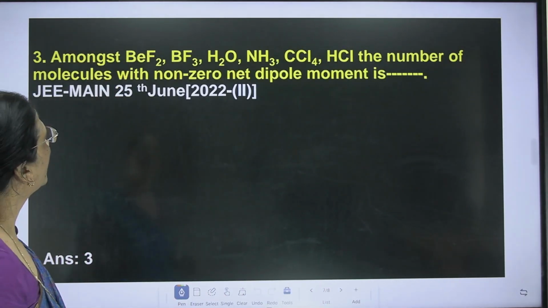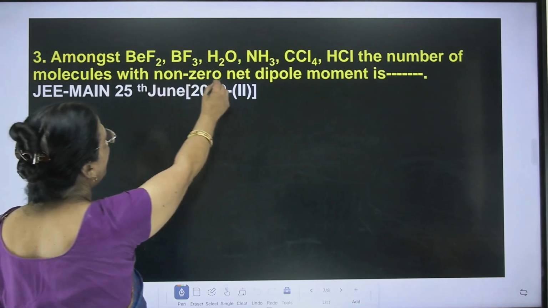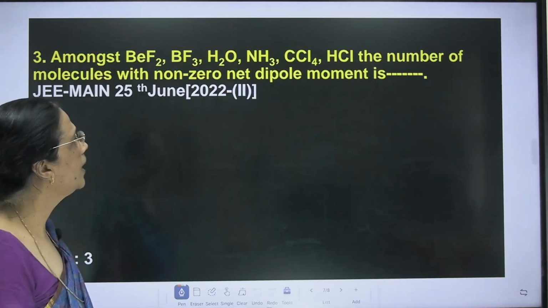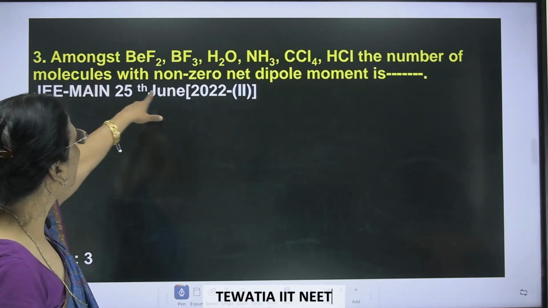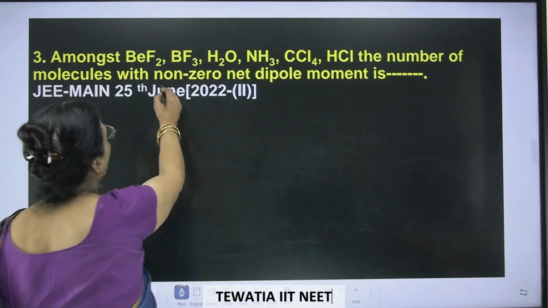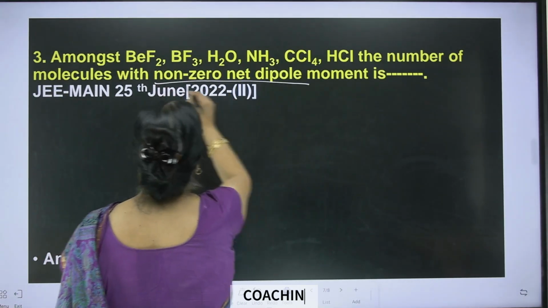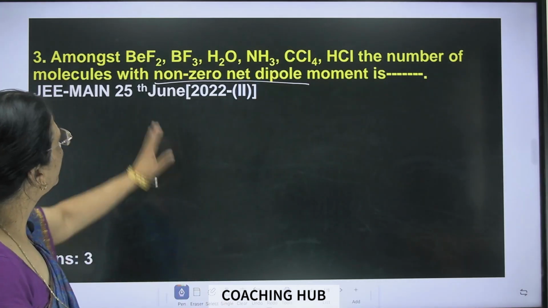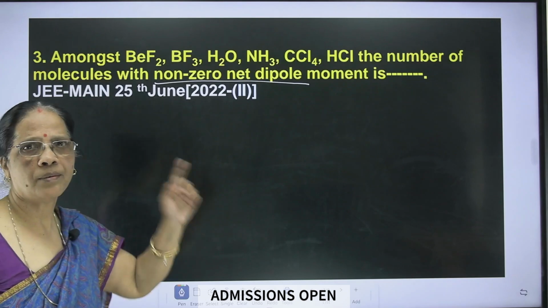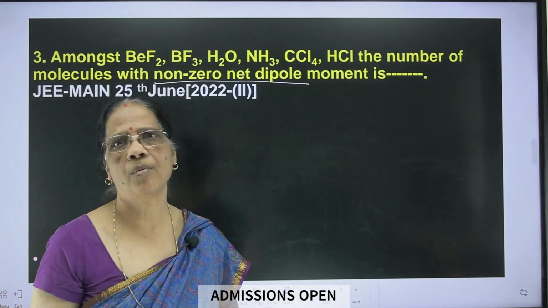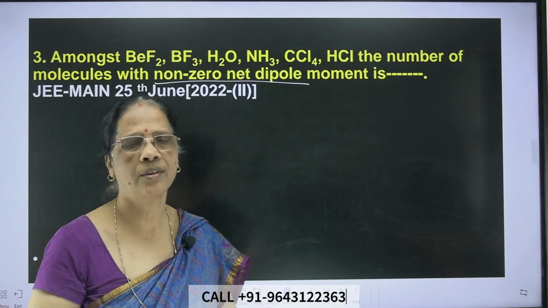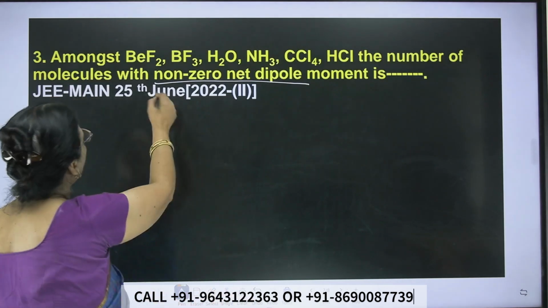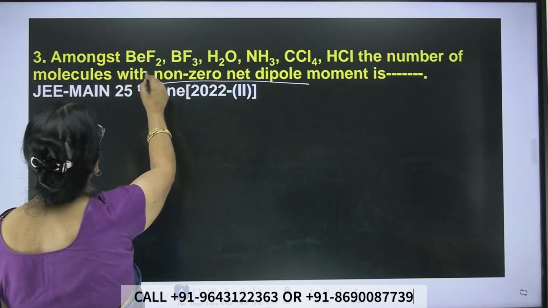Amongst beryllium fluoride, boron trifluoride, water, ammonia, carbon tetrachloride, HCl, find the number of molecules with non-zero net dipole moment. Here again, the non-zero net dipole moment. Again, the same principle applies here. If the structure is symmetric, then dipole moment will be 0 because there will be cancellation of all the dipole moments. Okay.